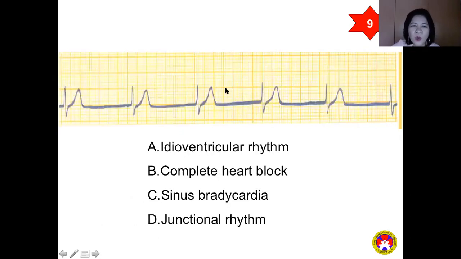Okay. But this one, we see regularly occurring QRST complex. The QRS is narrow, but there is no P. That means that this did not come from the SA node. But you have a narrow QRS, so that means that this came from the AV node. So this is a junctional escape beat.